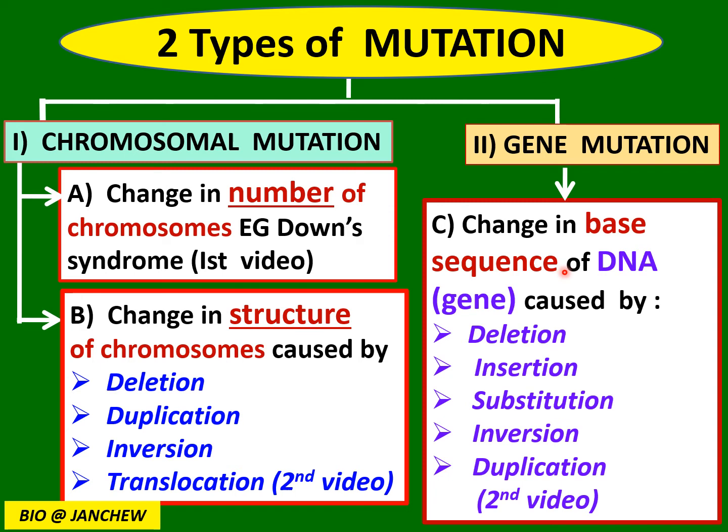So it may produce a protein that is not able to function in the cell. So changes in the base sequence are caused by deletion, insertion, substitution, inversion, and duplication. Now, B and C will be studied in the next video. For this video, we'll concentrate on A, changes in the number of chromosomes.